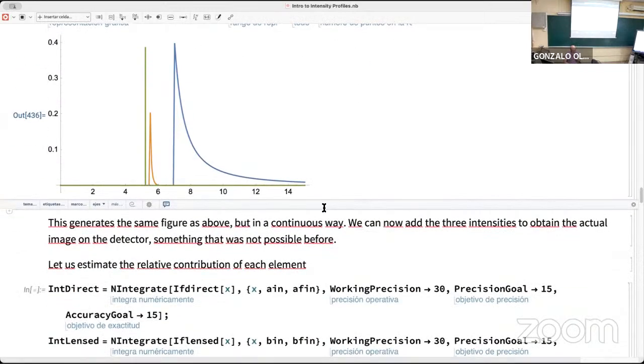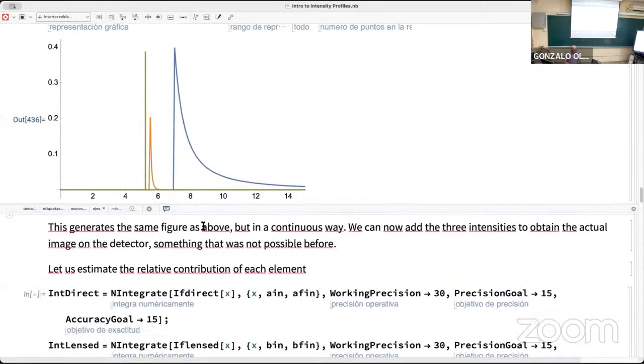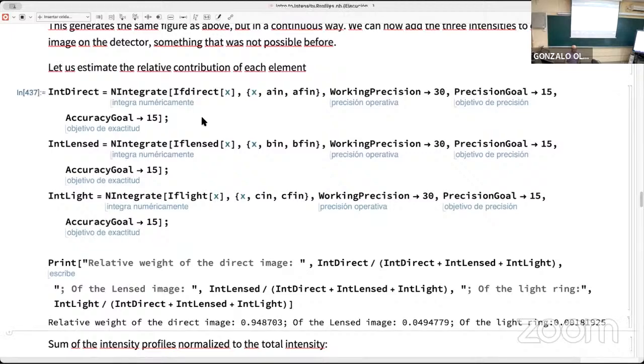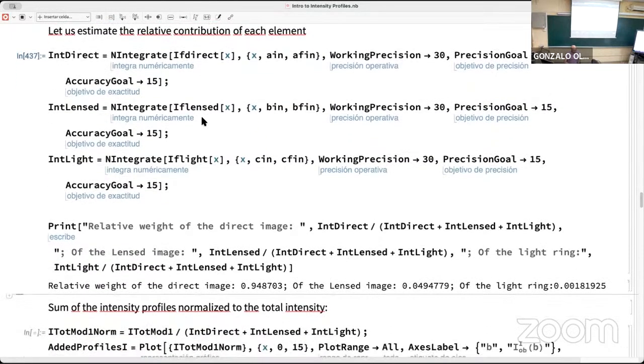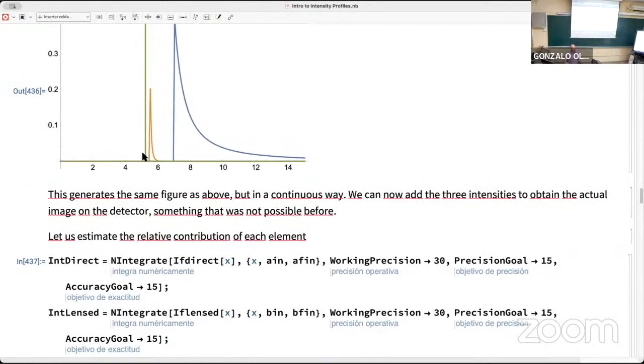Very good. Now with these continuous functions we can integrate to get the relative contribution of each sector, and as I said, the total intensity is the integral over the different pieces.